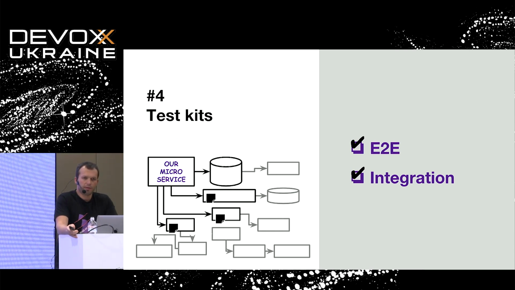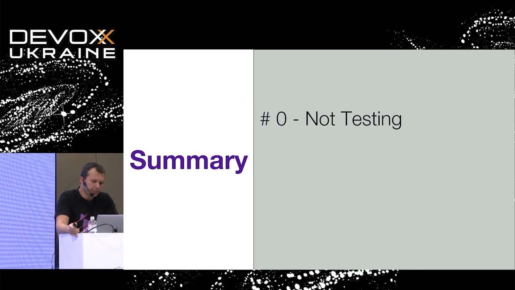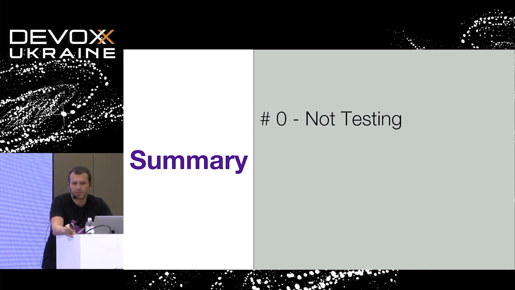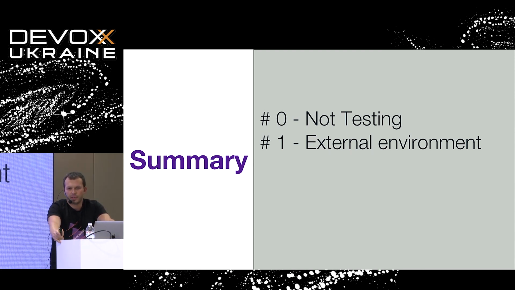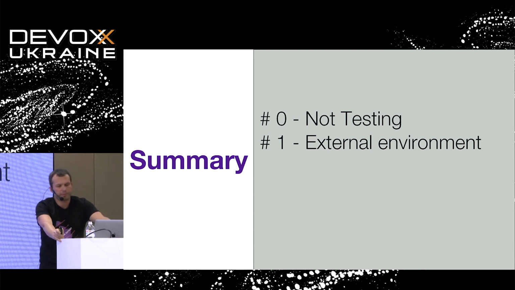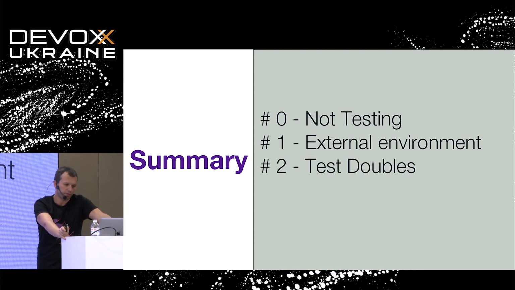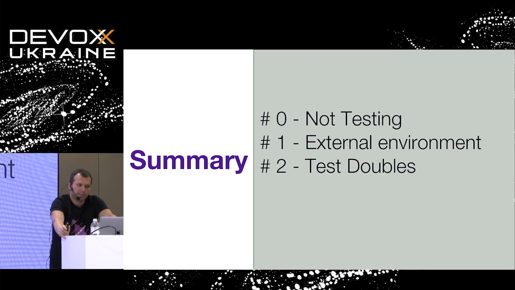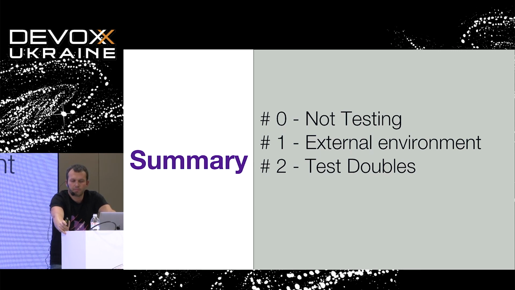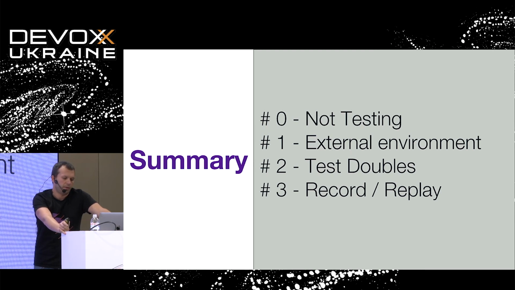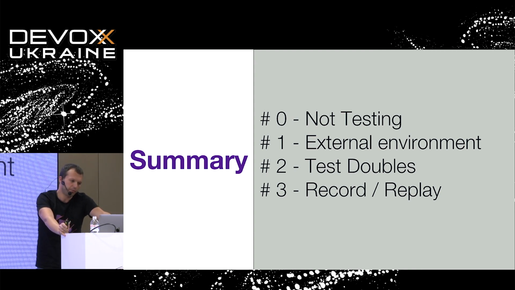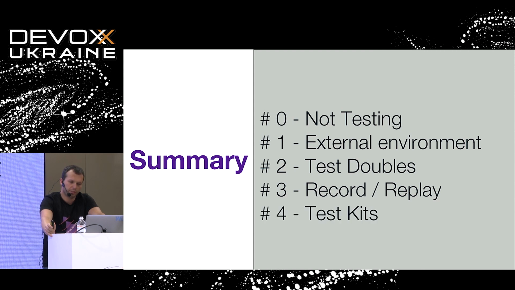Let's sum up all the approaches that we saw today. So the first one, not testing, it's not really acceptable, right? External environment, it might be tempting in the beginning, it will work, but for the long run, I do not recommend this. Test doubles, it's an approach that we use a lot at Wix for most of the tests, I think. Record and replay, again, I think it's really tempting in the beginning, but I discourage you to use it.